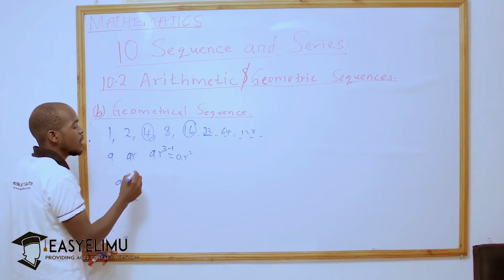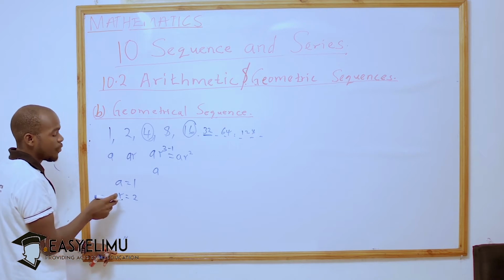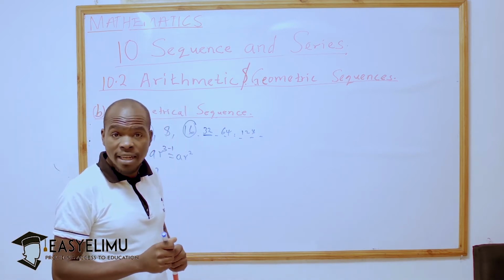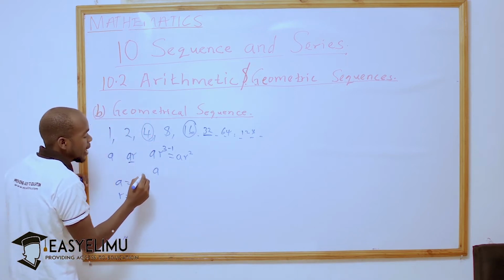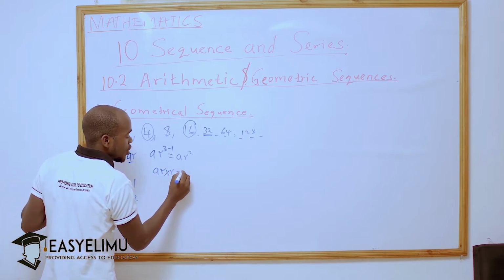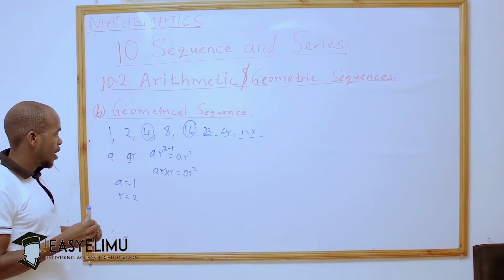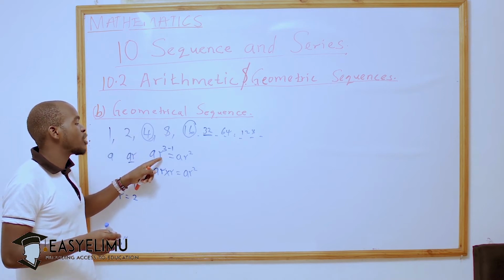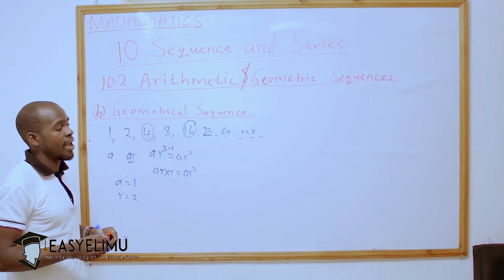Or you can take the preceding term, which is AR, and multiply by another common ratio, and you get AR squared, the same as before. So if you need the third term, you raise R to the term you want, then subtract 1.